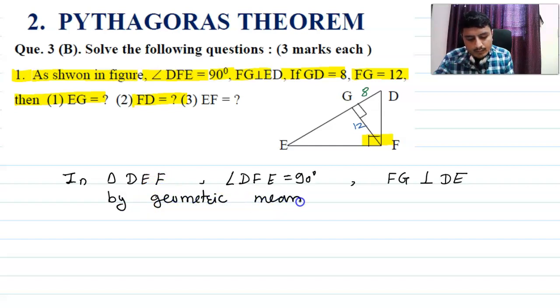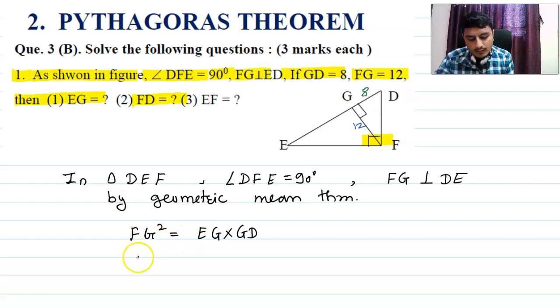As per the geometric mean theorem, square of FG equals the product of the segments made on the hypotenuse, EG into GD.